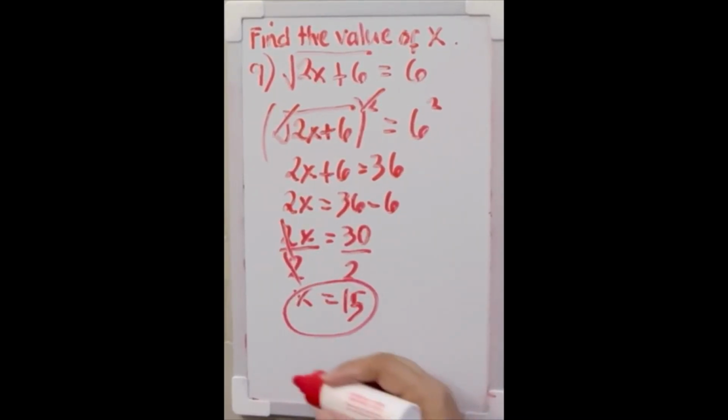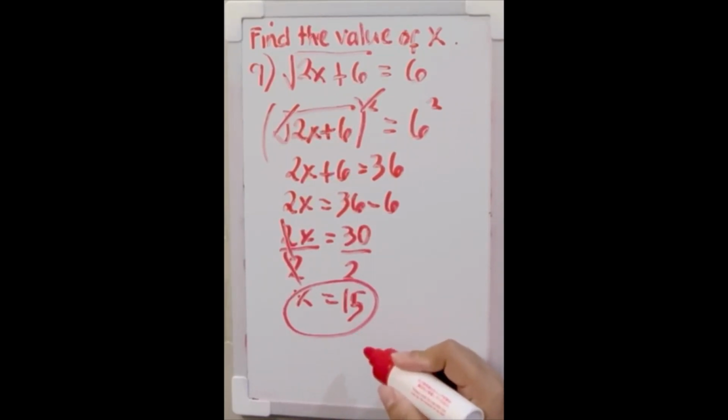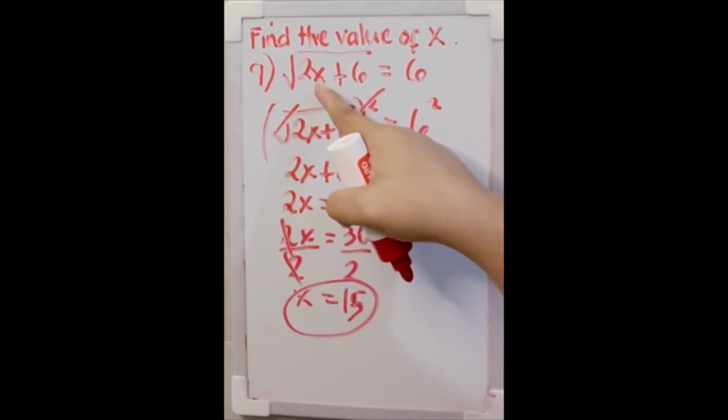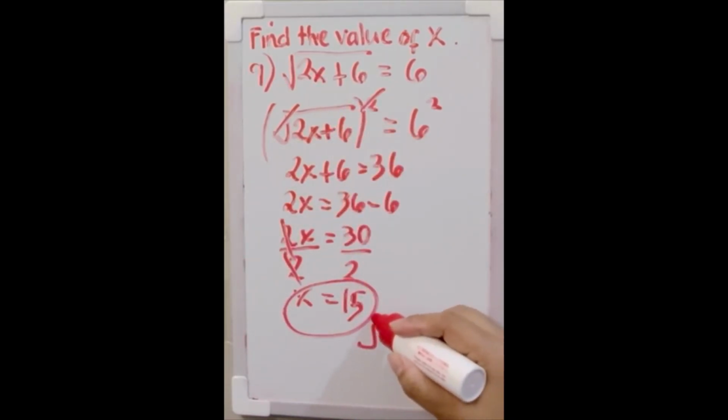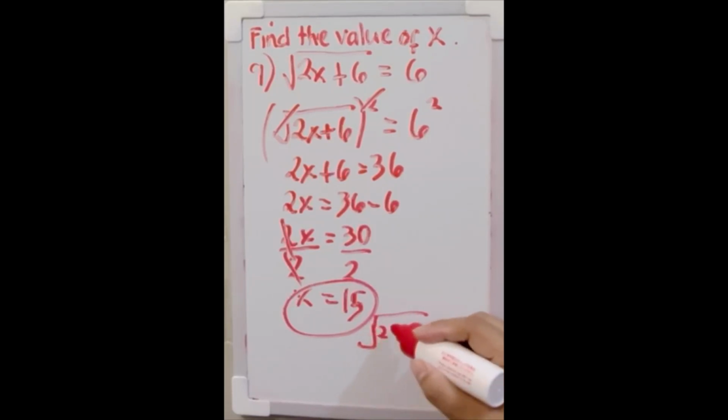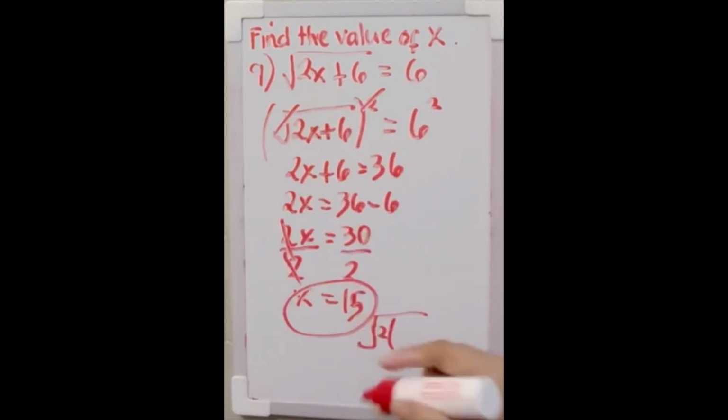Now checking to see if your answer is correct, you replace 15 here in that equation. So you will write the square root of 2 times x, which is 15, plus 6, equal to 6.